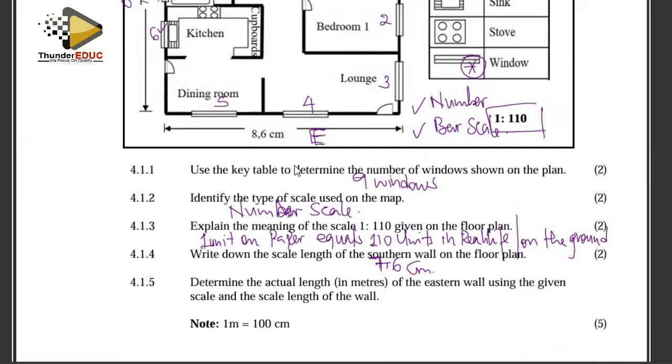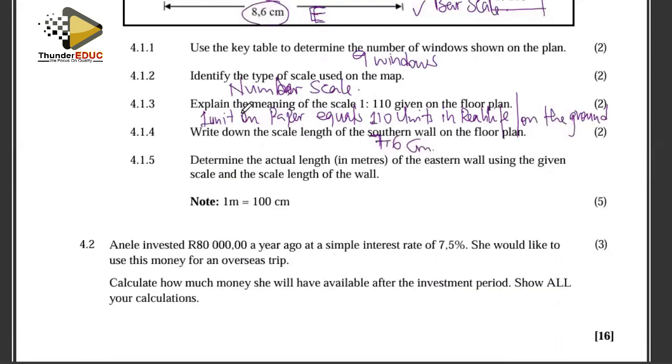So this is the eastern wall. This is the length. So we are going to say 1 is to 110. Then if it's like that, ask yourself, what about if I have 8,6? What is it going to be?